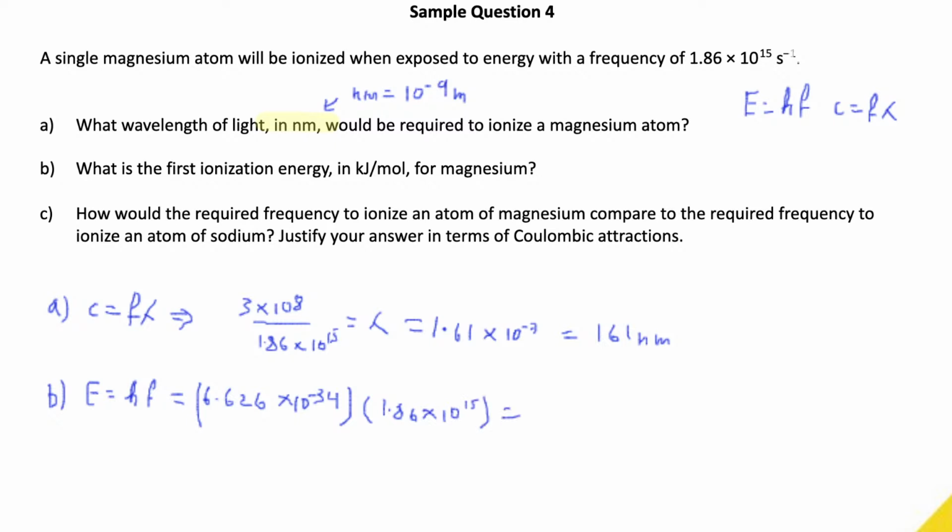And that should give you 1.23 times 10 to the minus 18 joules.